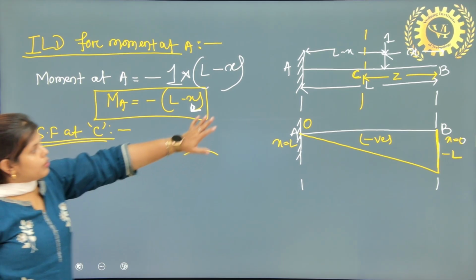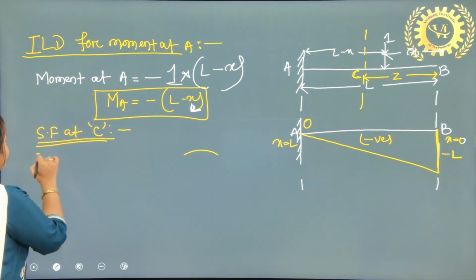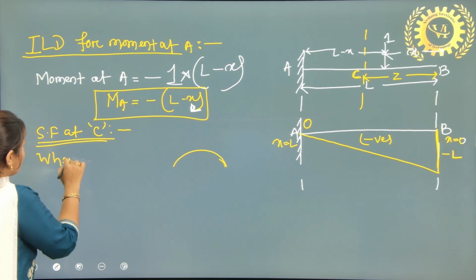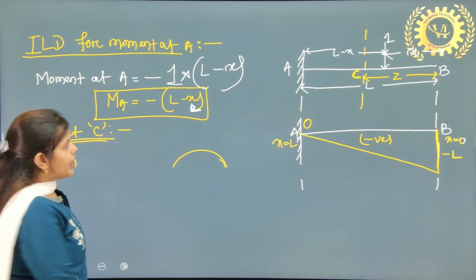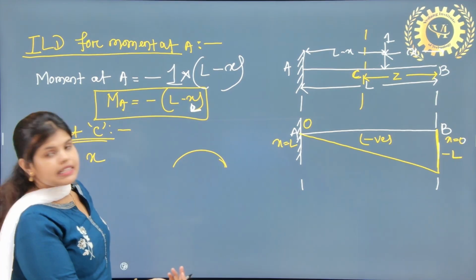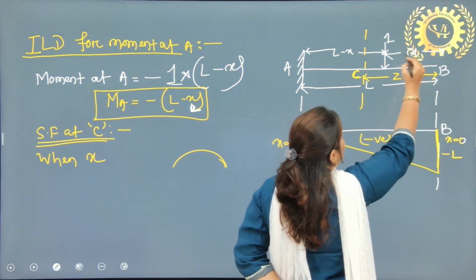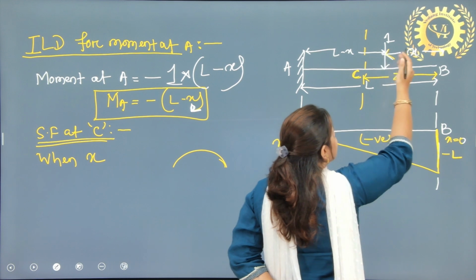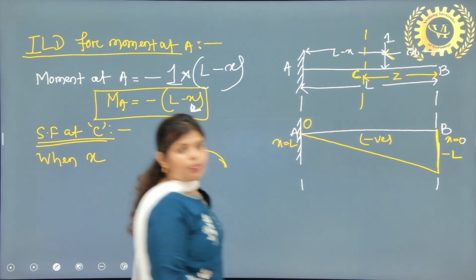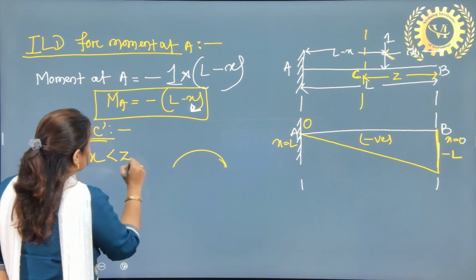So to find shear force at C, we will take two cases. First, when x is less than z, that means the load will stay at that point.